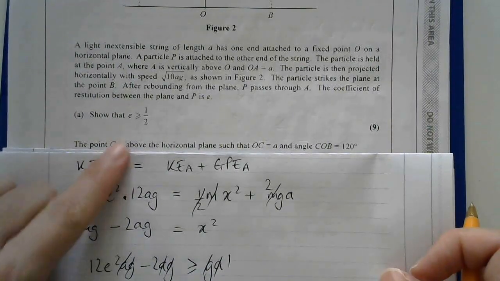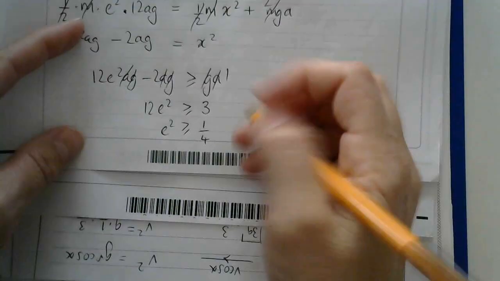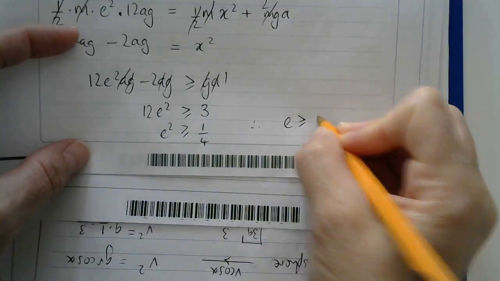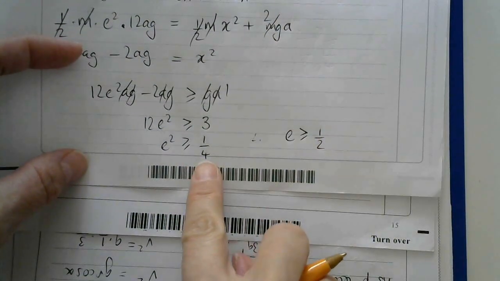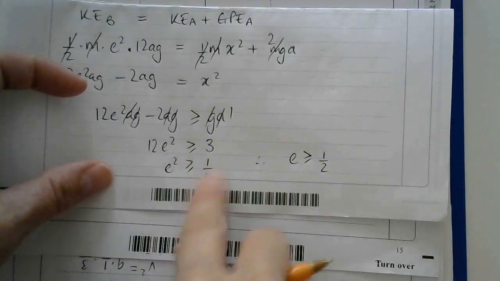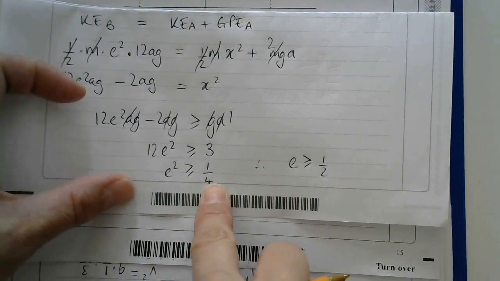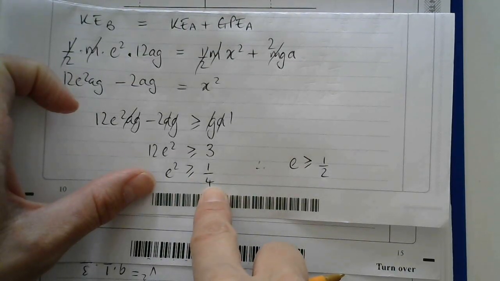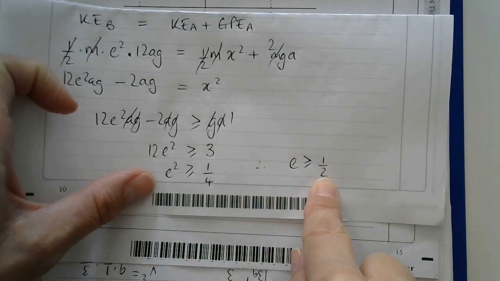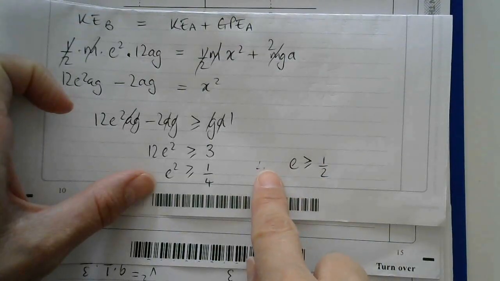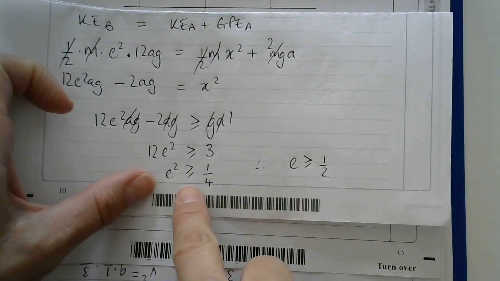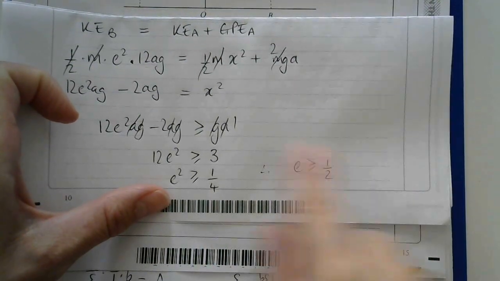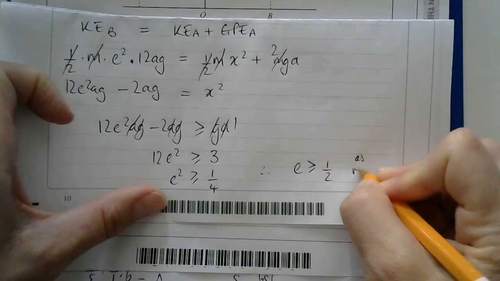So therefore e will be bigger than or equal to 1/2 by square rooting this. You do need to be a little bit careful with this kind of inequality. If e squared is bigger than 1/4, then e could be bigger than 1/2 or less than minus 1/2, but because we know that e is positive, you can ignore the negative part of that solution and just take this as required.